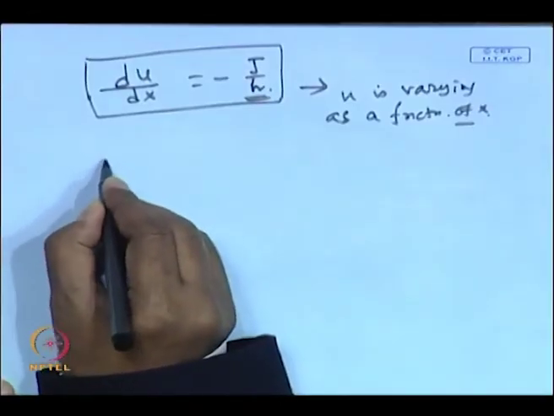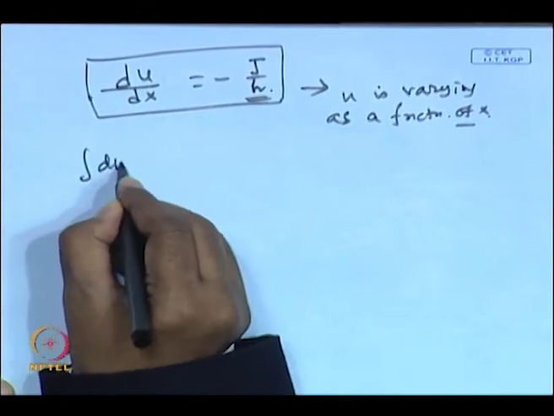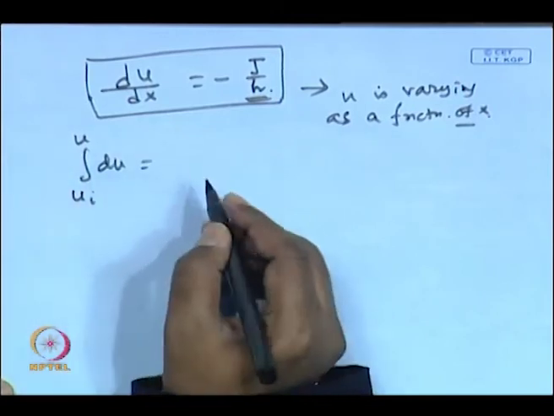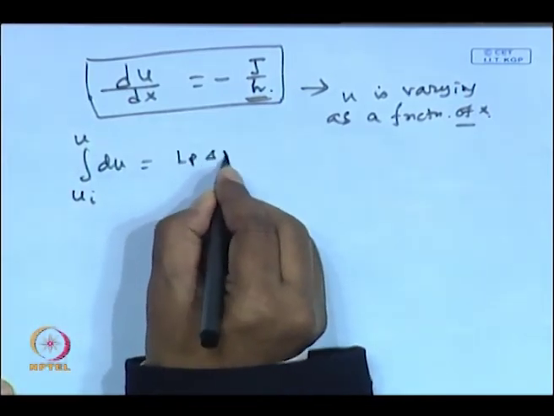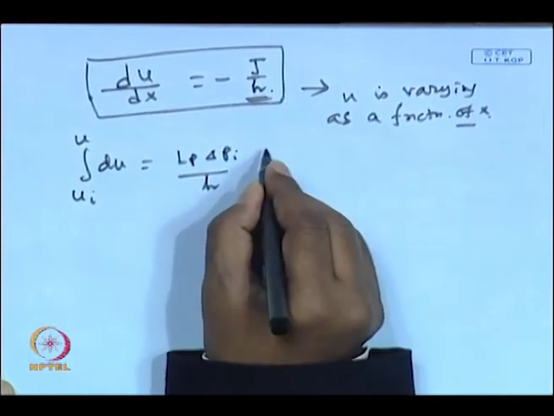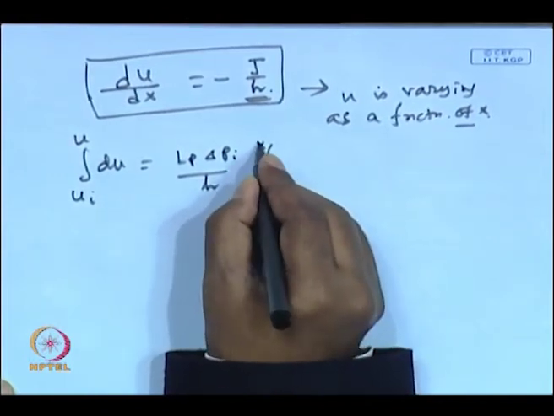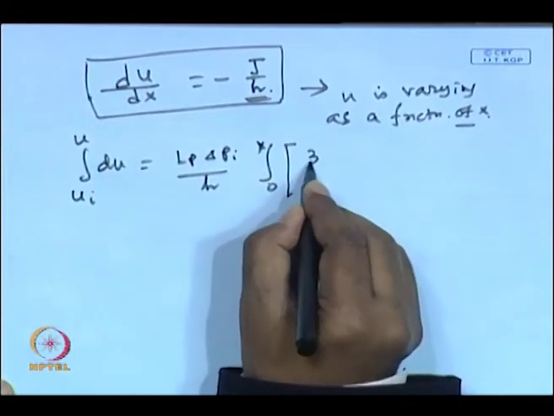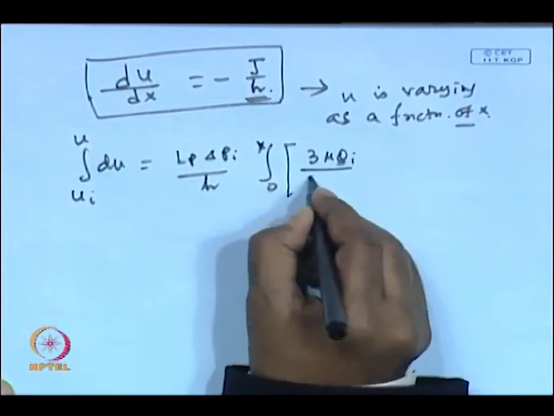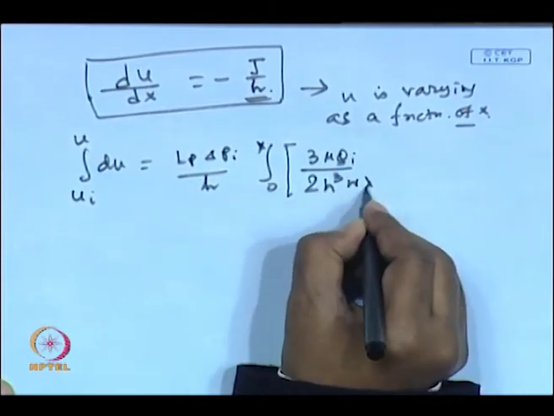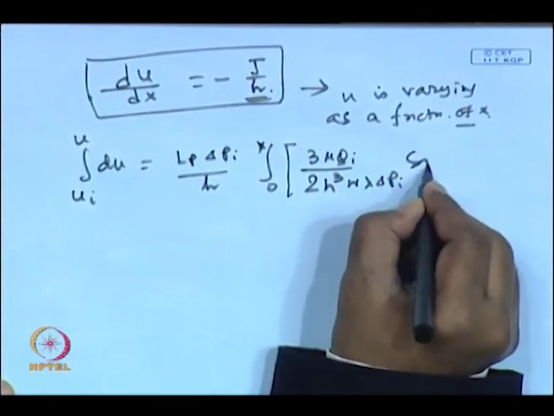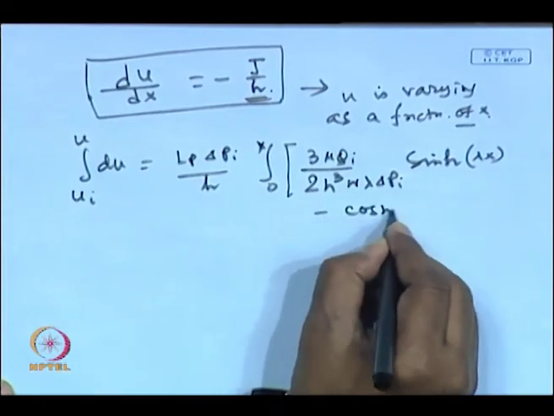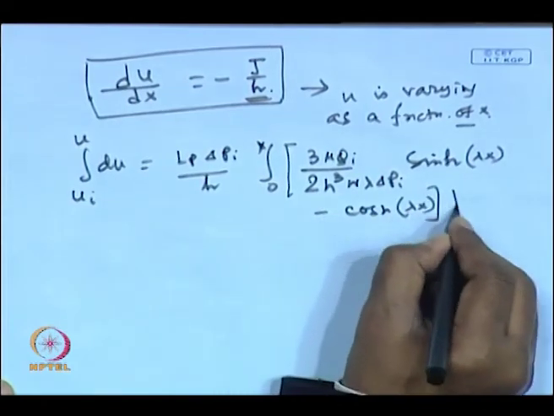So if you carry out this integration, this becomes dU, from inlet Ui to any location U, equal to Lp delta Pi divided by H, integral from 0 to X, where velocity is U at any location X, of 3 mu Qi divided by 2 H cube W lambda delta Pi, sinh lambda X minus cosh lambda X dX.